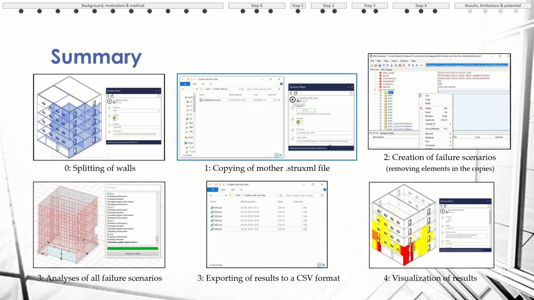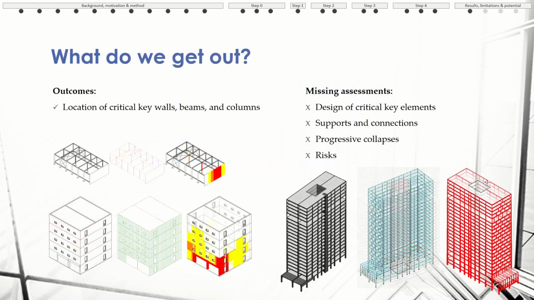So the result of our process of using this method is that we can locate the critical key elements. As the program is right now, that's not enough as a standalone to assess the full structural robustness of a structure. We need to design these elements which we found.